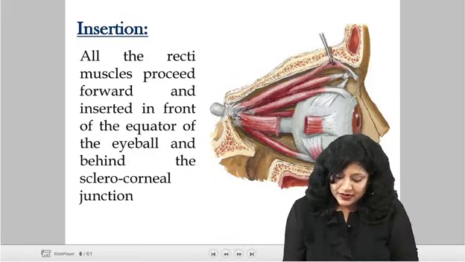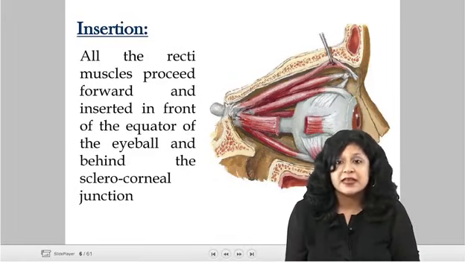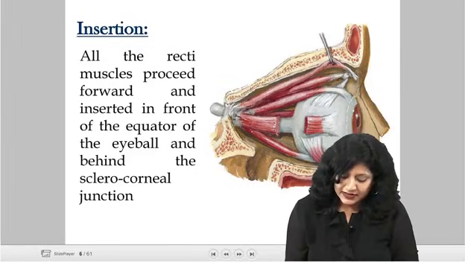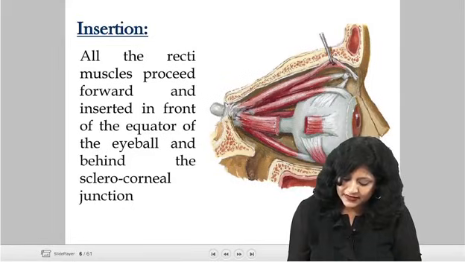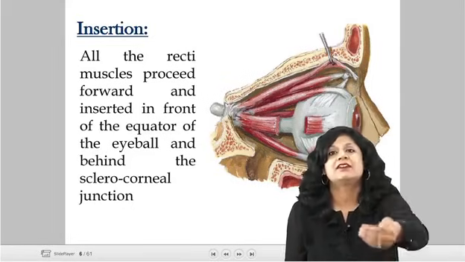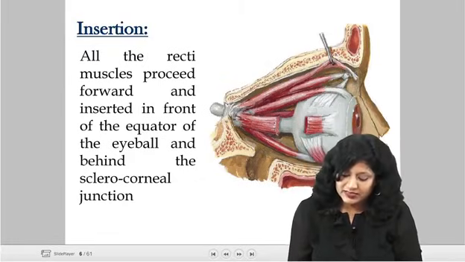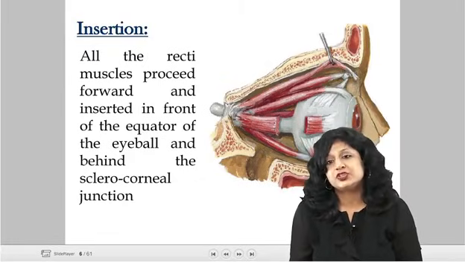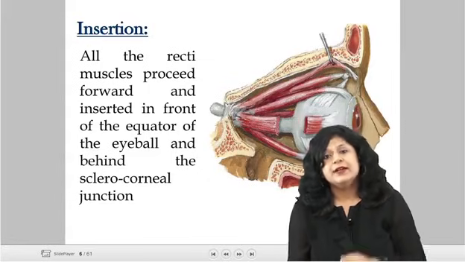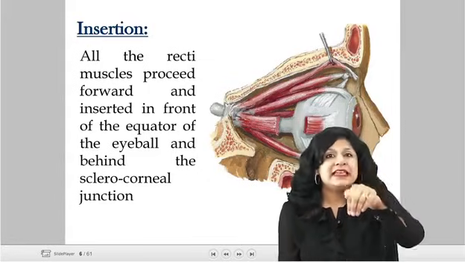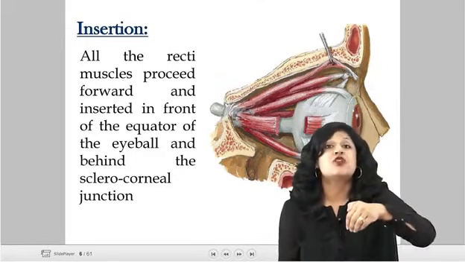Follow these muscles: superiorly, the superior rectus; inferiorly, the inferior rectus; medially, the medial rectus, and on that side, parallelly, the lateral rectus. Now, don't get confused with this muscle which is going through a pulley. This is your pulley, because this is an oblique muscle which is passing through this pulley, the trochlea.